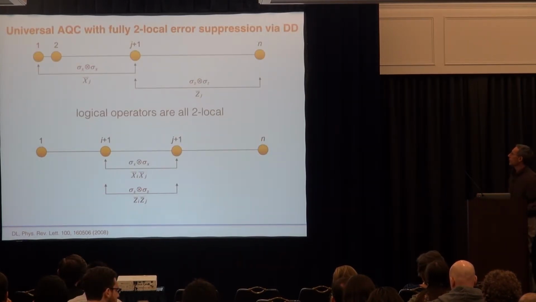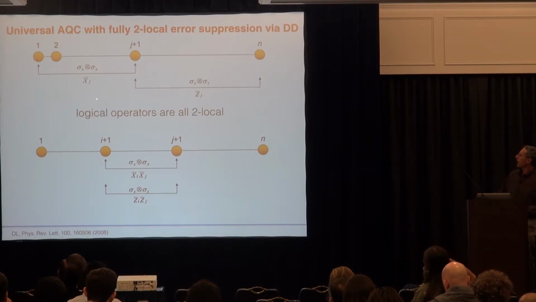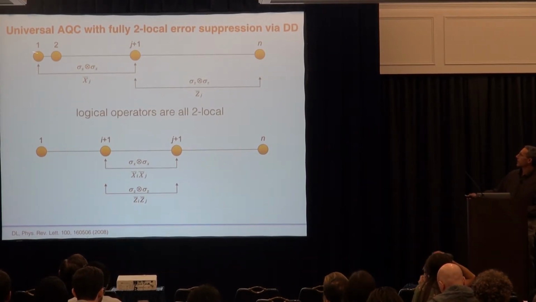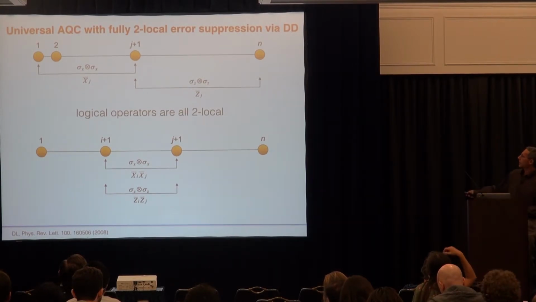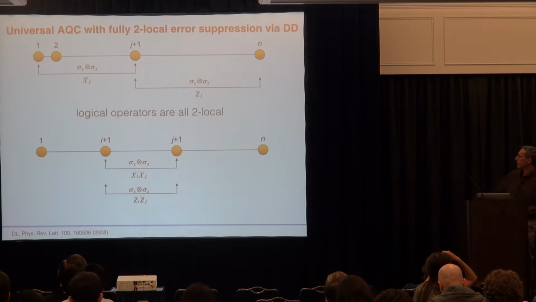So here's a cartoon to show what the scheme looks like for this code that I just mentioned. The logical X on logical qubit j is sigma x between qubit 1 and j plus 1. Z is this. These are both two-local interactions. The XX is also two-local. It's a sigma x between physical qubits i plus 1 and j plus 1, and likewise ZZ.